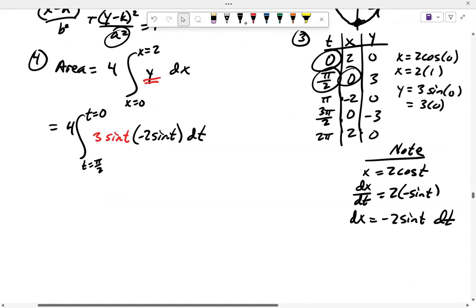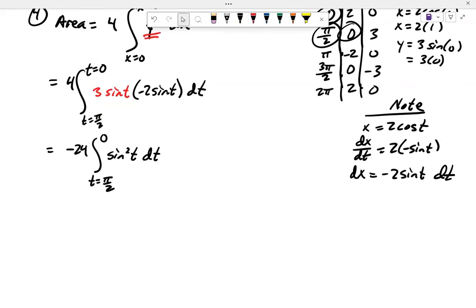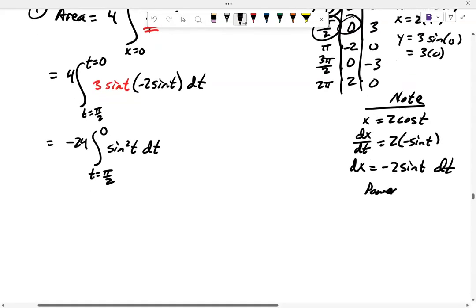So 4 times 3 times negative 2, I got negative 24, going from t being pi halves to 0 of sine squared t dt. And so I'm going to have to use my power reducing formula on this.